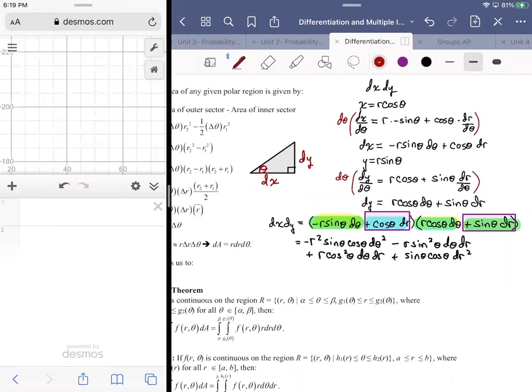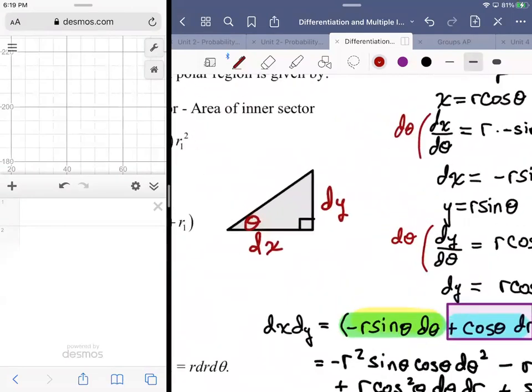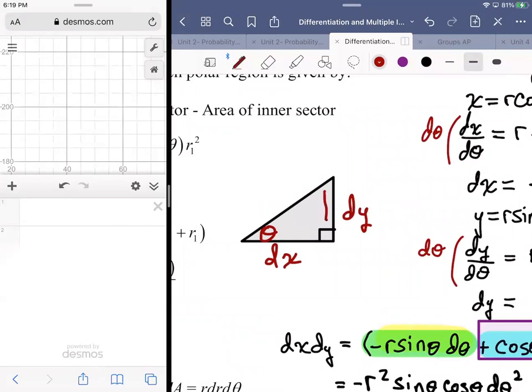But if we want to minimize our dy, I want my dy value to be reduced. I also want to minimize my dx. I want to reduce that, I want to shorten that length.